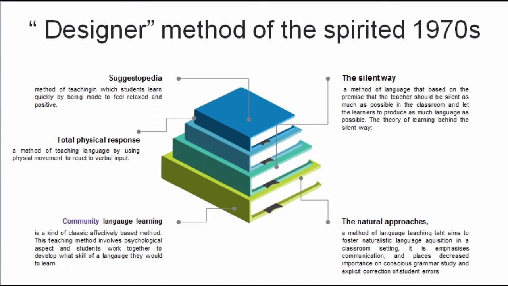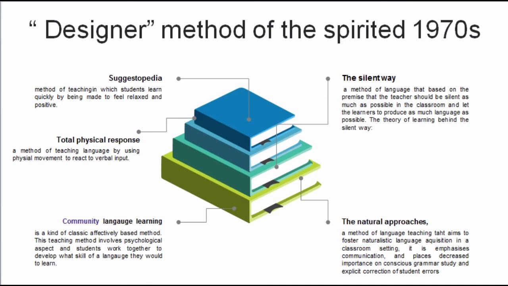The first one is community language learning. It is a kind of classic affectively based method. This teaching method involves psychological aspects, and students work together to develop whatever skill of a language they want to learn. And then there is Suggestopedia. Suggestopedia promises great results if we use our brain power and inner capacities.